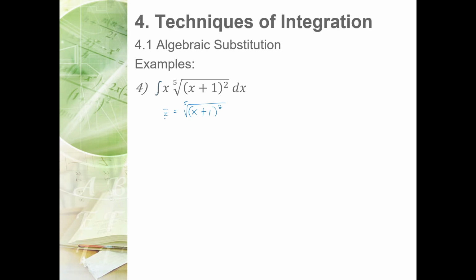Then if we put this in exponential form, this is (x plus 1) to the 2 fifths. To eliminate the exponent, we multiply by 5 halves. So multiplying by 5 halves to eliminate completely, z to the 5 halves is equal to x plus 1.